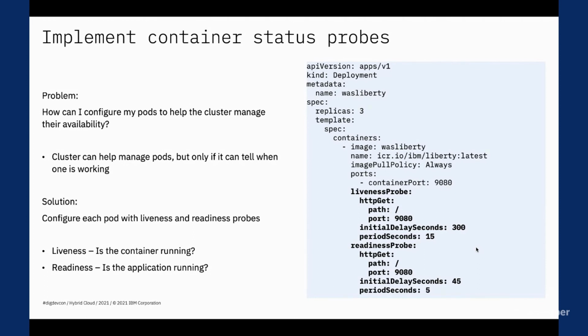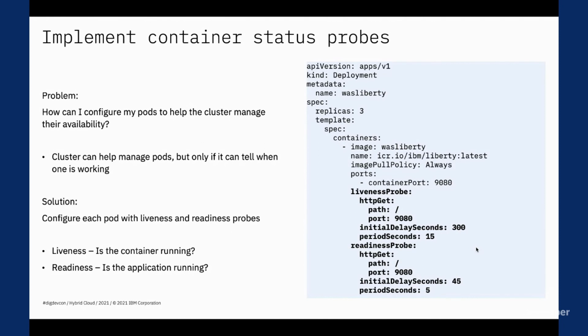And liveness is whether or not your container is running. Readiness is whether or not the application in the container is running. And when you set those, then the cluster can use that to figure out whether a container is running properly, whether or not an application is running properly, and therefore it can optimize your application and make it run more reliably and more optimally within the cluster.